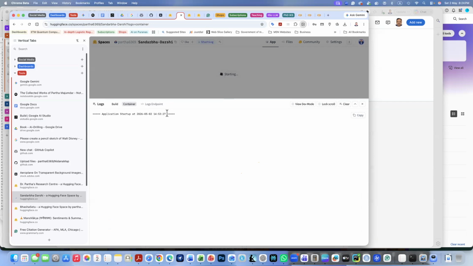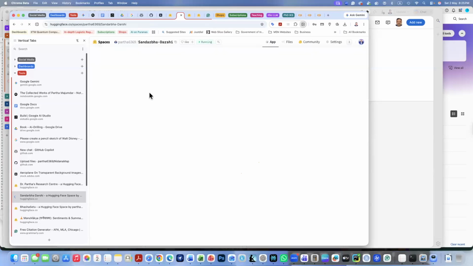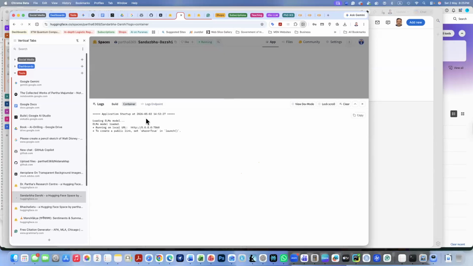Okay. Yeah. This takes a little while. Now it's loading the model. So just 1 minute. Yeah, now it's ready. What happened? It's taking some time to load. Just 1 minute.